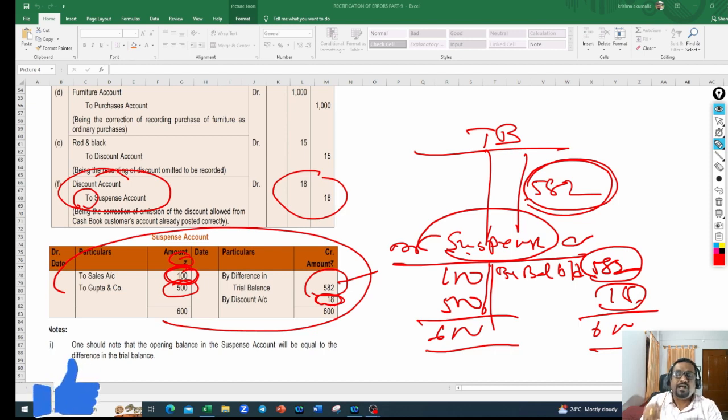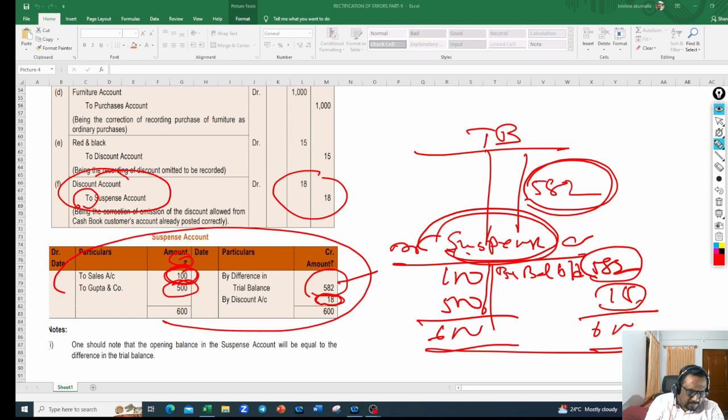As an accountant, by end of rectifying all these journal entries, you should make sure that your suspense account doesn't have any balance to be carried forward. If at all any balance is there in suspense account still being carried forward, that means to that extent the rectification entries are not posted, or posted but still there are some mistakes. That is how the people will presume.